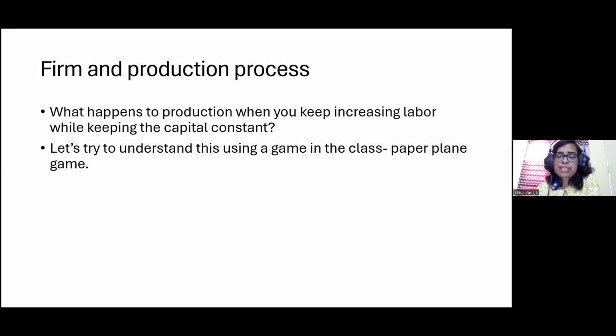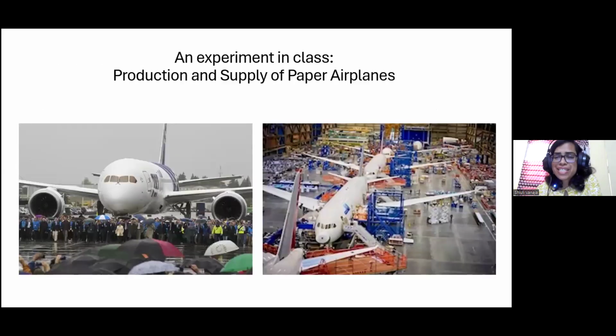So in order to explain that, what we do is an experiment or a game which we call the paper plane game in a classroom setting, right? So these pictures actually show actual planes but we can't do that really in the classroom, right? In a factory, there are different processes happening.